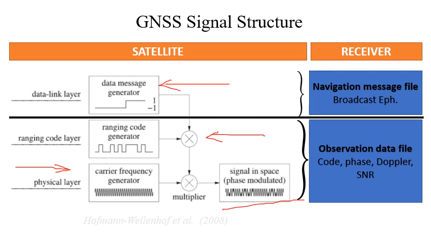This is the binary format, but we must convert the necessary signals. For example, the satellite positions are stored in a navigation data file, and the code and phase observations are stored in another file.